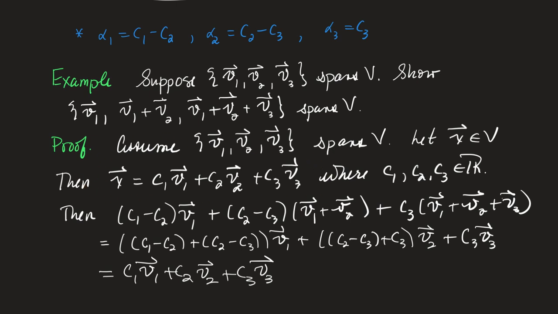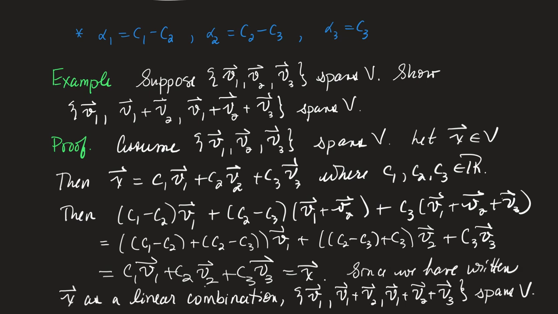So that's equal to X. We've proved that indeed that vector X that we pulled out of V can be written as a linear combination of these three vectors, and so that proves that that set spans V. I've written a closing statement here. Since we've written X as a linear combination of those vectors, we know that this set spans V.